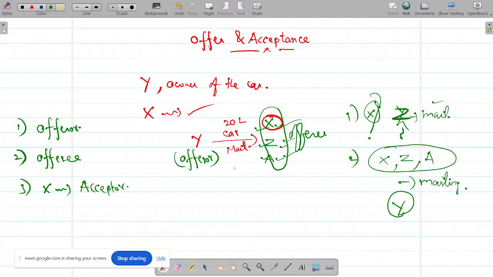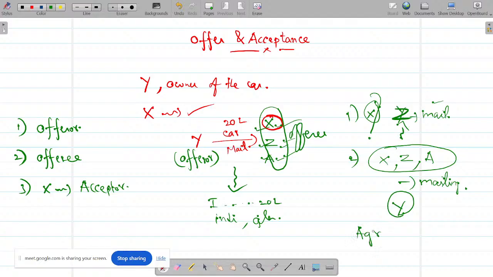If, for example, while mailing, Y says that I'm willing to sell my car for 20 lakhs, and either you can buy individually or you can join with others and buy, which means X, Z and A together can buy, then all three will be called acceptors.